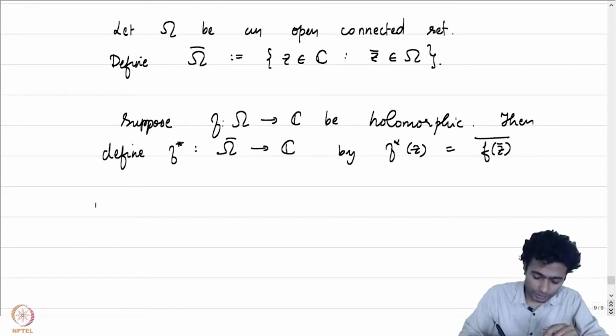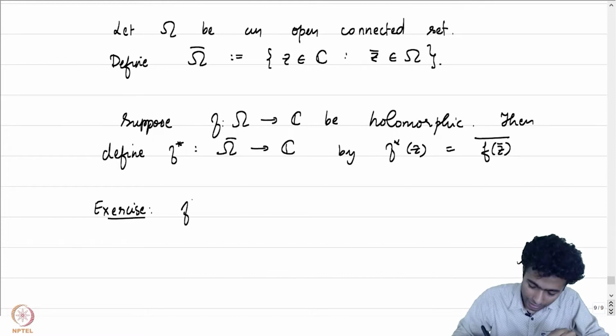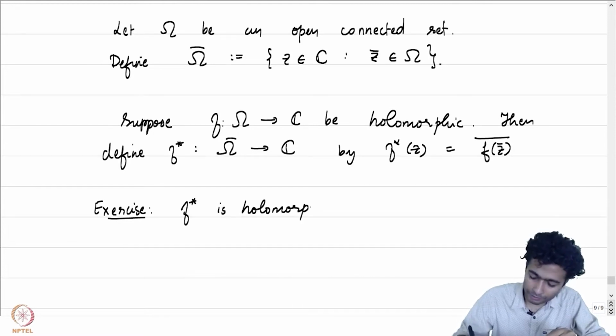So, it is a good exercise for you to sit down and check that f star is holomorphic on omega bar.